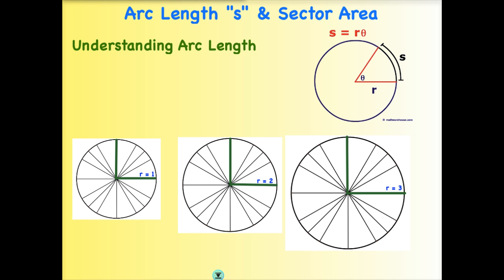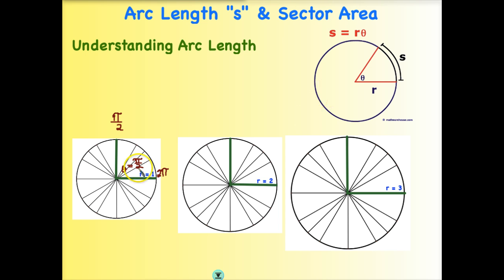Well, in radians, remember that 90 degrees is a quarter of the way around a circle. The complete circumference around a unit circle is 2 pi. So a quarter of the way around is going to be pi over 2. So our theta in this case is pi over 2.